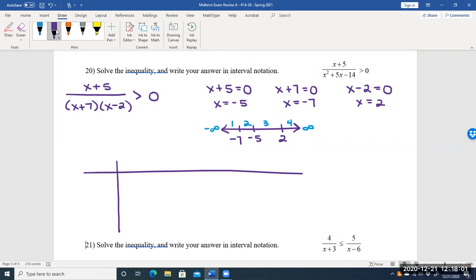That's where I'm going to put in my factors. My first interval is negative infinity to negative 7. Second interval, negative 7 to negative 5. This time I'm using parentheses because my symbol is a greater than symbol. And so the endpoints of these intervals are not included.